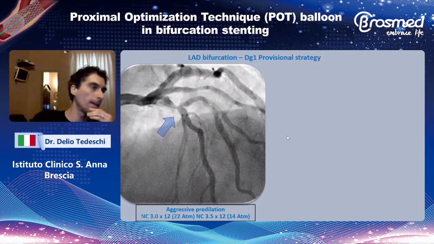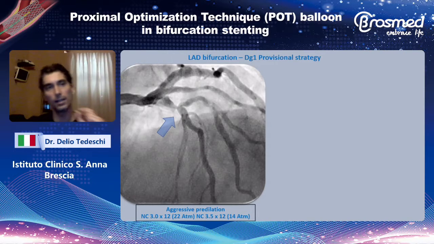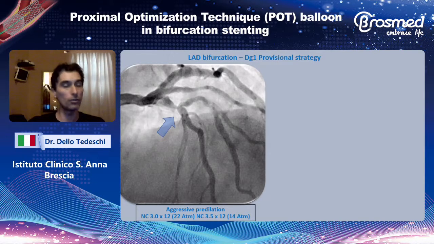We know that if we have a very short calcified lesion, and even if this calcified lesion is thick with thick calcium, but if it's very short, a sort of diaphragm of calcified lesion, we can treat and we can achieve good result with non-compliant balloon at high atmosphere, of course, with diameter matched with the vessel diameter, and we can crack this diaphragm and the calcium only with non-compliant balloon.